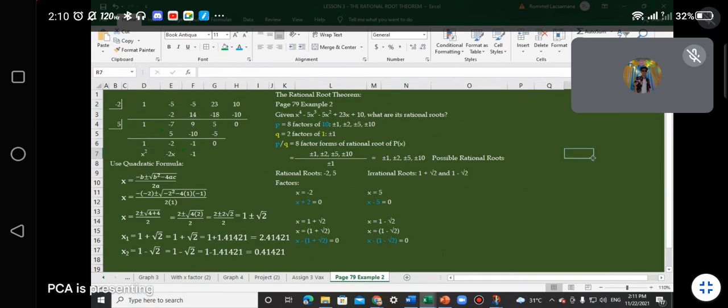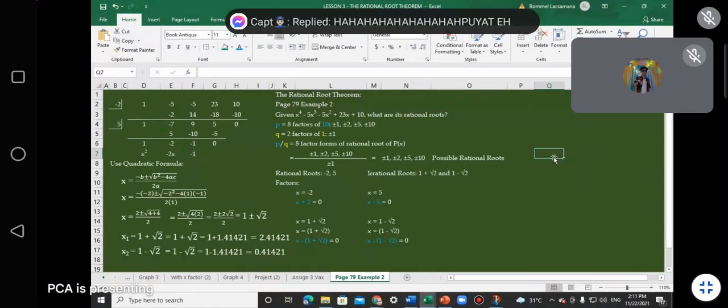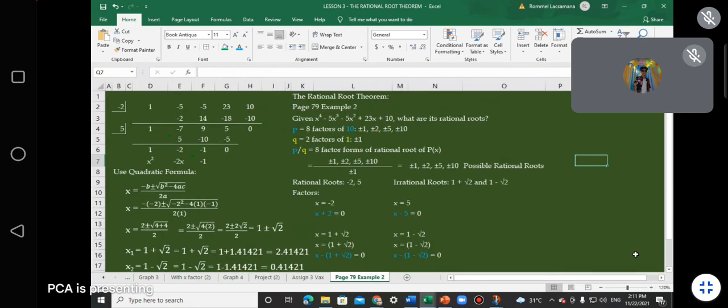For you to reduce your chances, you do not need to do the synthetic division of all the possible rational roots. But we do not know where these positive and negative integers are located, if there are really possible rational roots there. There are plenty. You really have to actually try them.